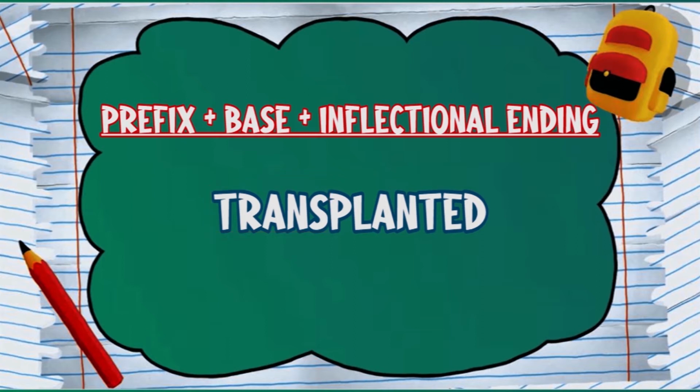The base word in the word transplanted being plant, and ed being the inflectional ending. So this word can actually be broken into three parts. We have the prefix, the base word, and the inflectional ending. So that in its sense is really a complex word.